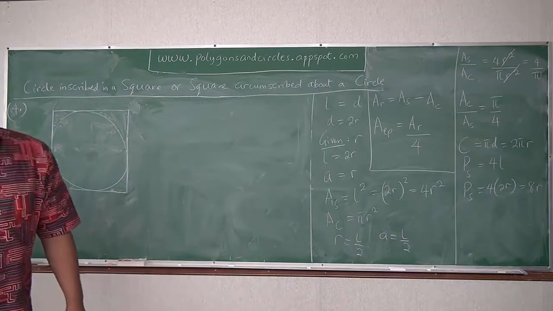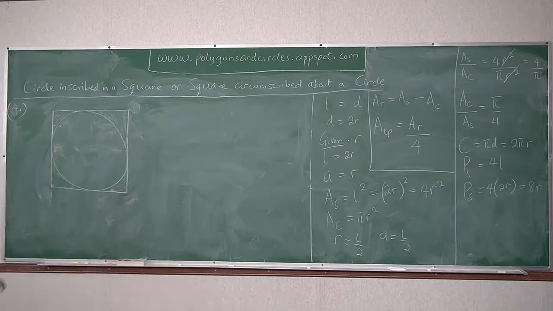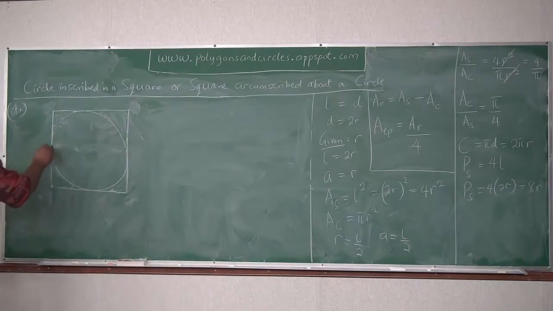It says here, the square below has an area of 64 square centimeters. Okay, here it gave you the point of tangency.